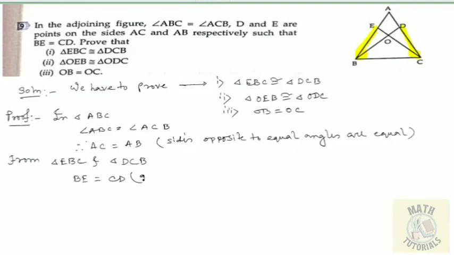This is given. BC is common. In triangles BEC and BDC, BE is equal to DC and BC is common, so I write BC is equal to BC. This is common.